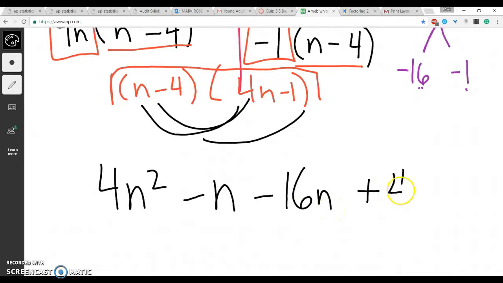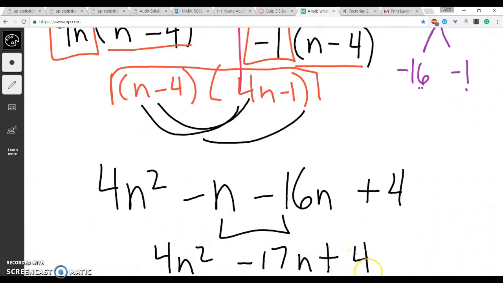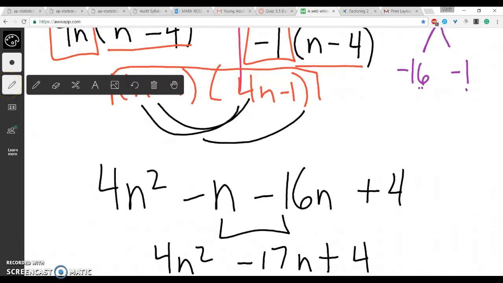What we do, though, is we normally simplify these two and add them together. Now, when you factor, that's not actually that helpful to have. So we're kind of undoing that step.